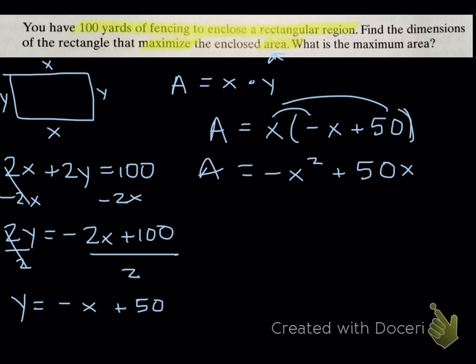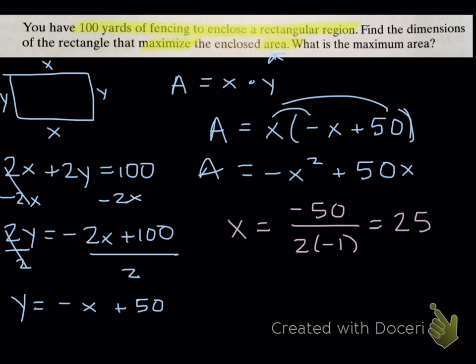And I know if I want to find a maximum, that's referring to the vertex. So I'm going to do negative 50 over 2 times a negative 1. So negative 50 divided by negative 2 is 25.